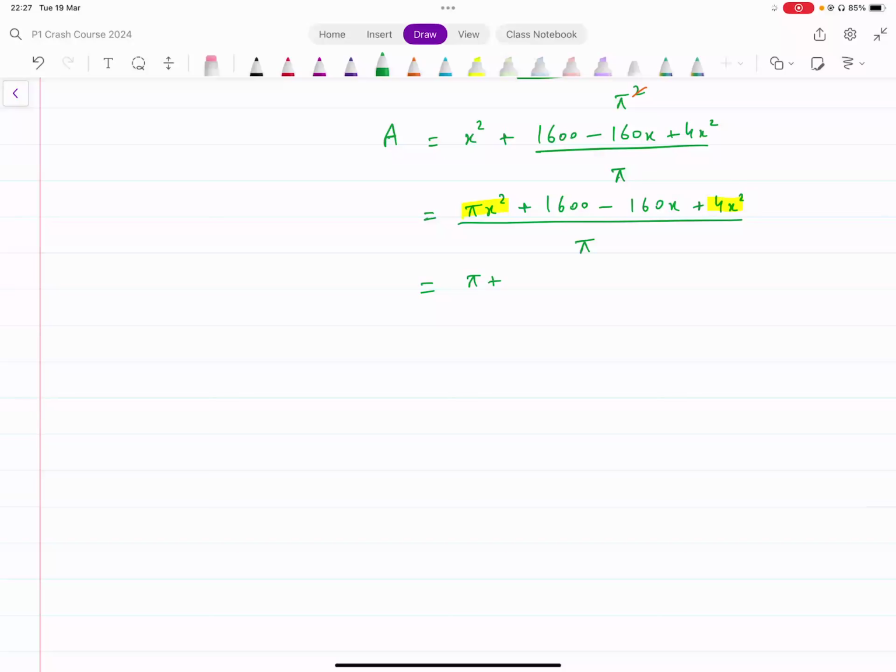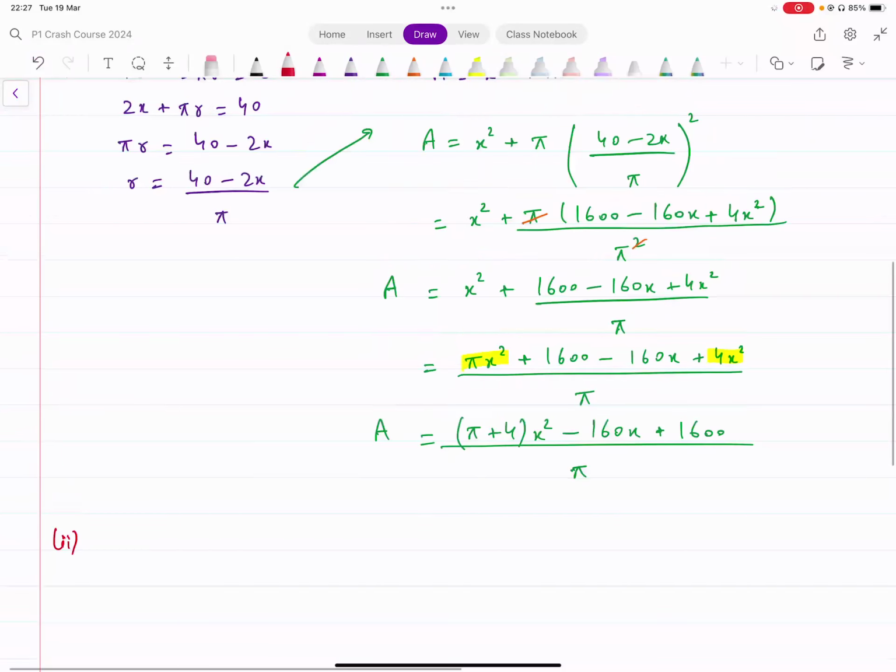That's going to become (pi plus 4) whole multiplied by x squared minus 160x plus 1600. This is what we needed. Area equals this whole thing, and that's what we needed to prove in the first part.